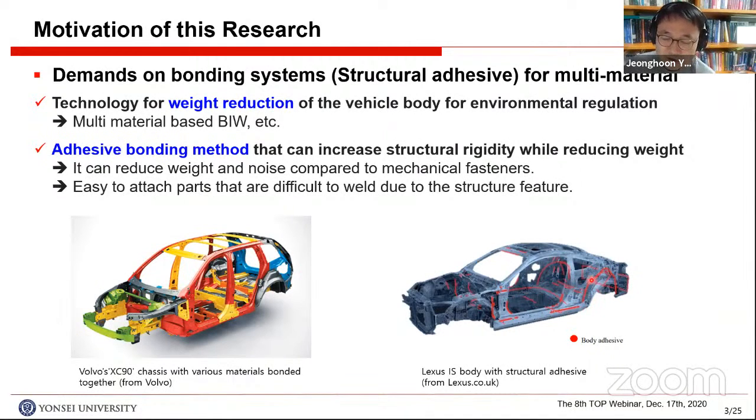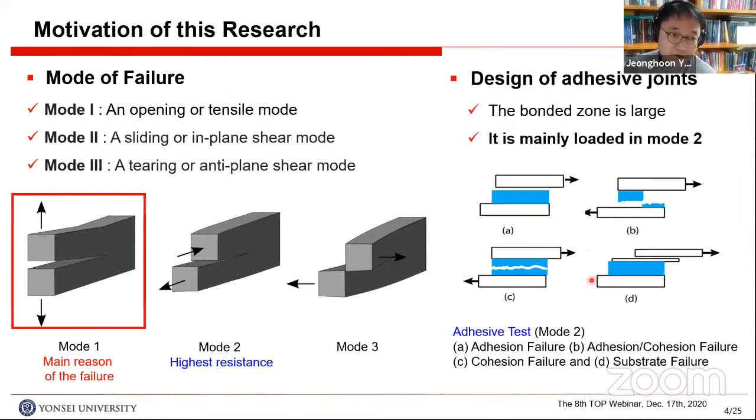The right figure shows some examples of adhesive bonding applications. But for the adhesive bonding method, we have to consider failure. We can consider 3 modes of failure for the adhesive bonding area. The first mode is the tensile stress case, and the second and third modes are related to shear.